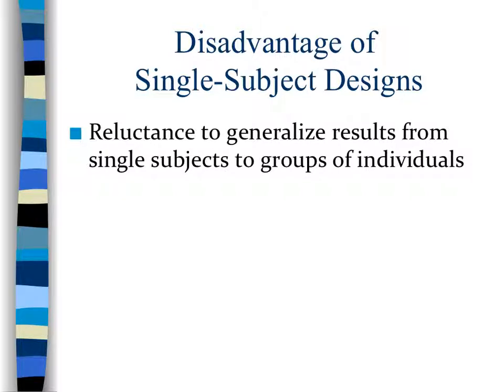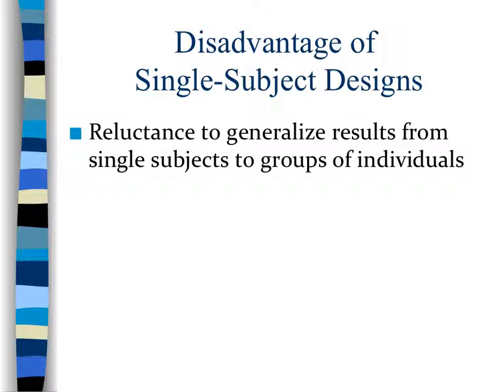The one disadvantage of single subject designs is the reluctance to generalize results from a single subject to a group of individuals. So if there is a study that focuses on just one student and says that treatment X really works well, you cannot really generalize it to a whole group.